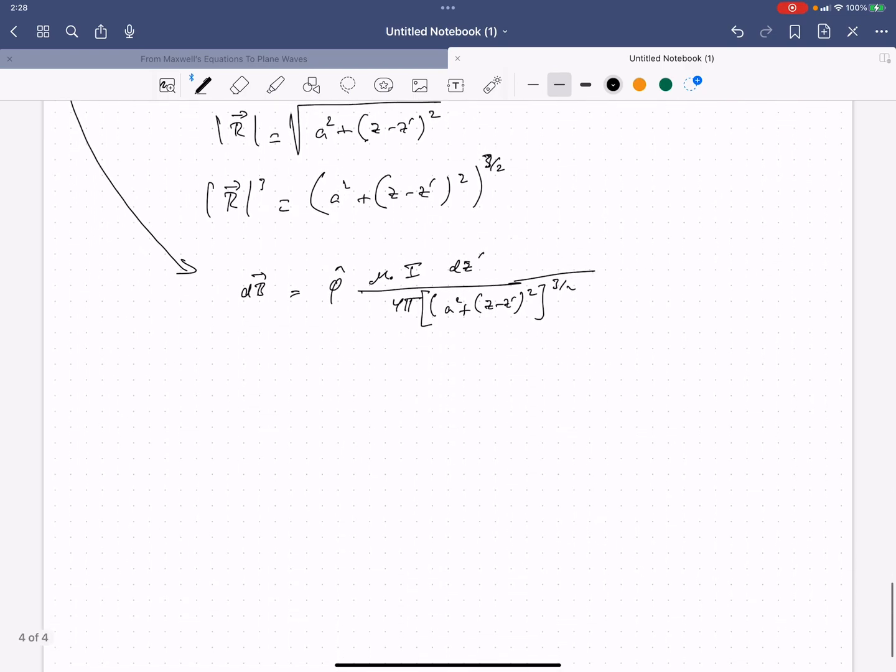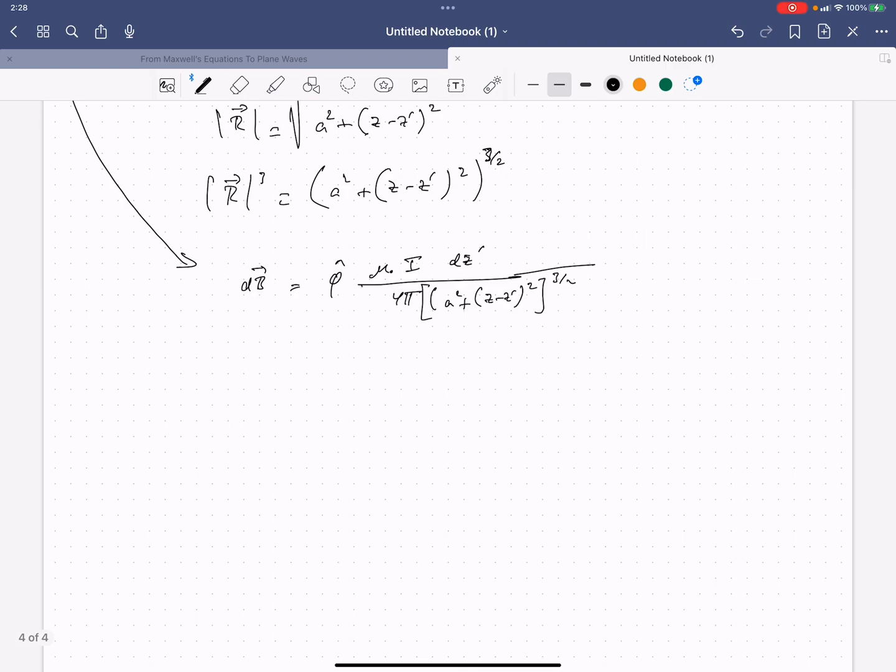Okay. And then to get the full B, we need to integrate over z prime, going from minus infinity to plus infinity. So B is going to be the integral of dB, with z prime going from minus infinity to plus infinity.